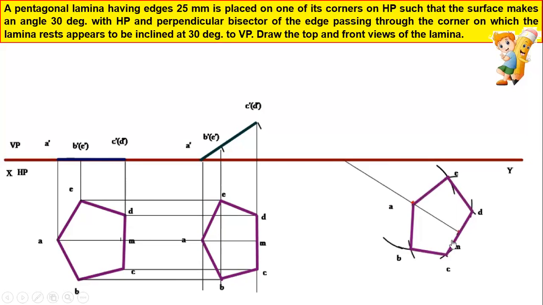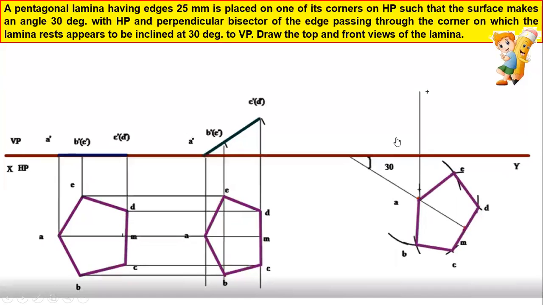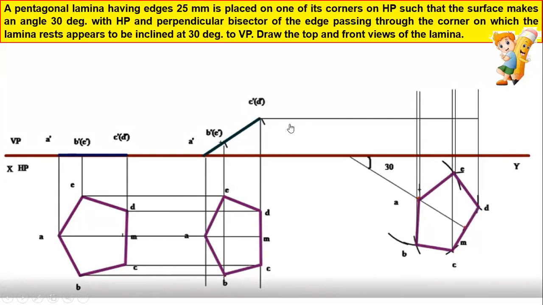Now use the projection lines. The angle is 30 degrees. Use the projection line. Project the top view. Project all the points from the top view and project the front view. Now the intersection of A and A dash will be the point A dash.